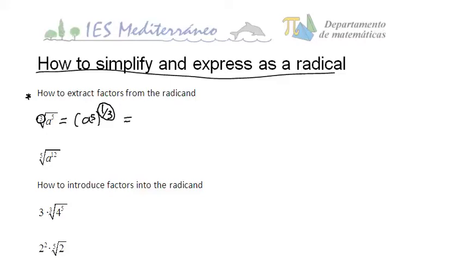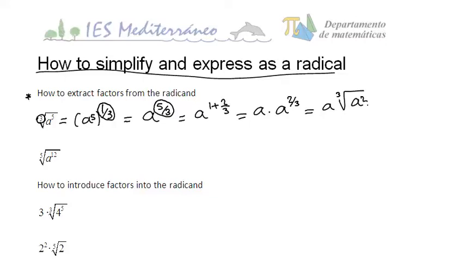So if we apply the property power of power, we've got the power 5 times 1/3, which is 5/3, and if we express 5/3 as a mixed number, we've got 1 plus 2/3, which is a times a raised to 2/3, which is a times the cube root of a squared.